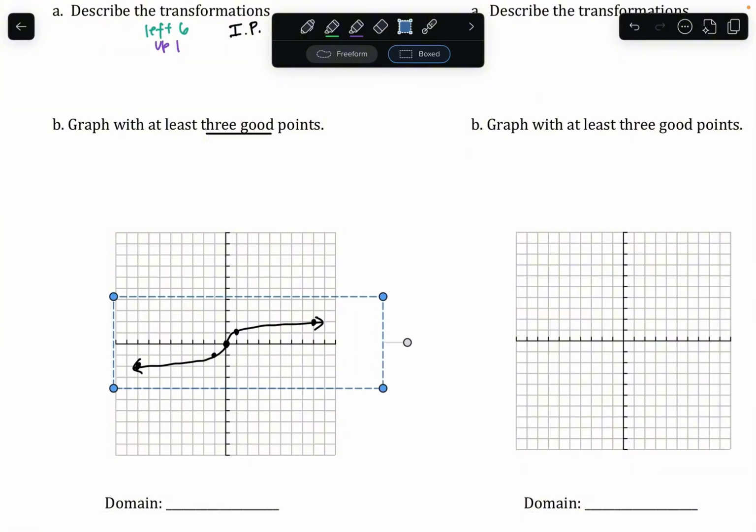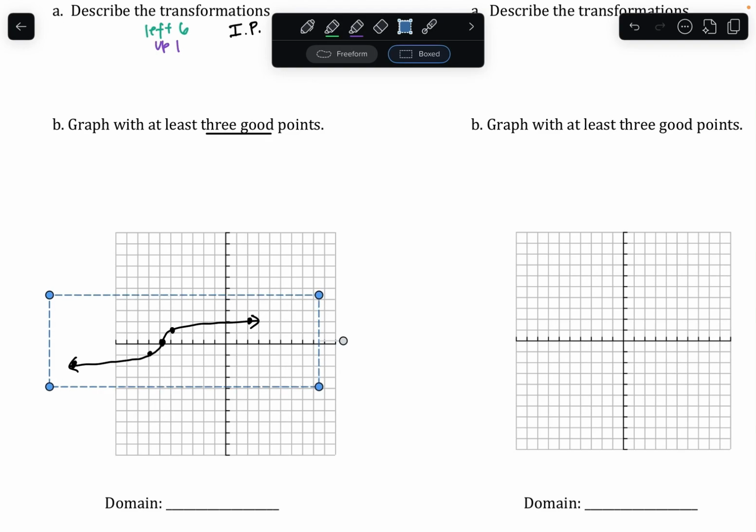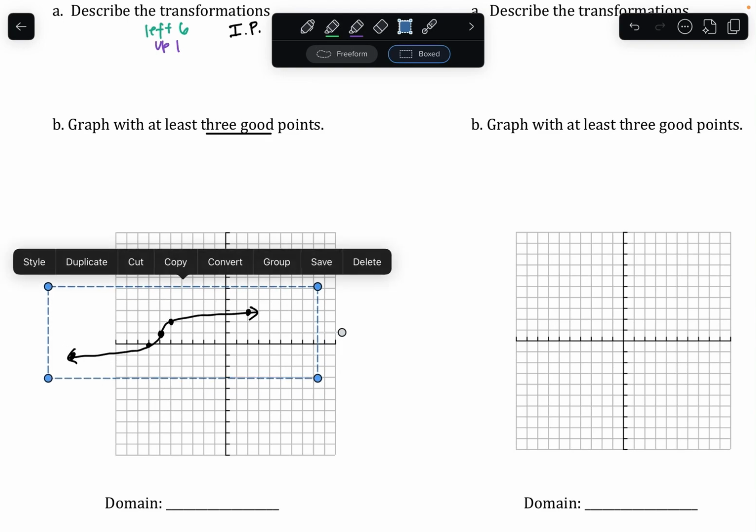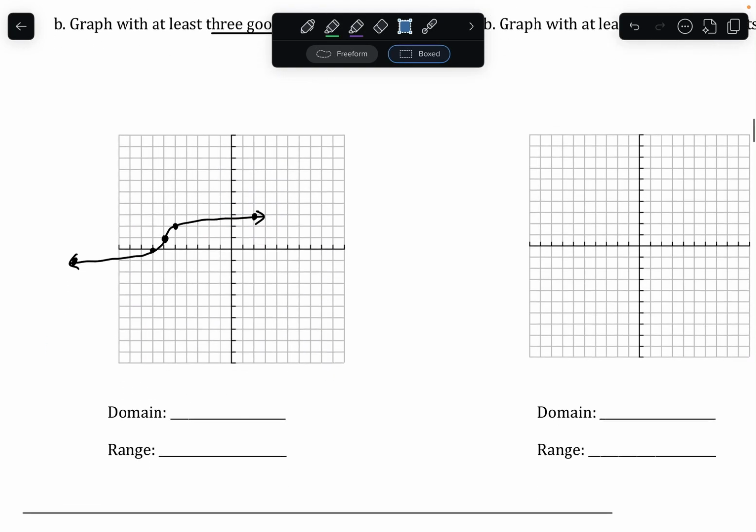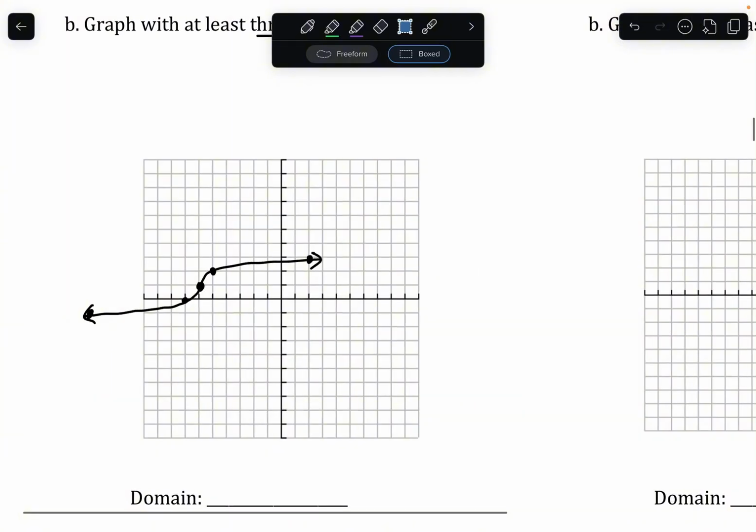Okay, so we're going to take our inflection point left 6, up 1. If you had just started by graphing the inflection point, you would get your point on each side by following the slope of 1, up 1 over 1, and then we can go back 1 to get that slope.